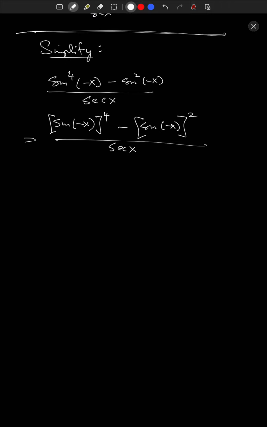All right, so if you want to deal with this, now we can pull this negative sign out, whole thing to the fourth, minus sine of x squared over secant x. Okay, so I'm being very careful about my procedure here, right?